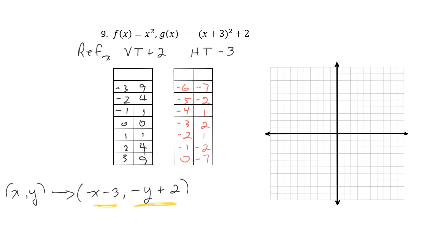Okay, so let me just switch back to black and sketch the original shape quickly here. There's our original quadratic or parabola, if you like.